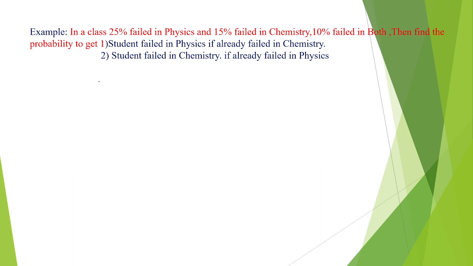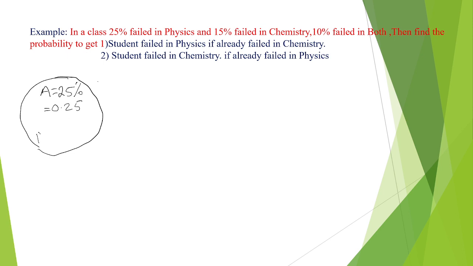I am assuming this is a class, A, in which 25% failed in physics. 25% means 0.25 probability.